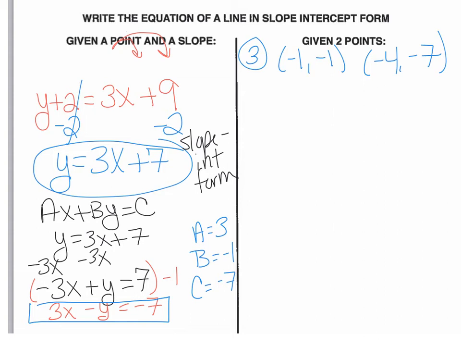And in order to do that from 2 points, you need your slope formula. So if you recall, y2 minus y1 over x2 minus x1.